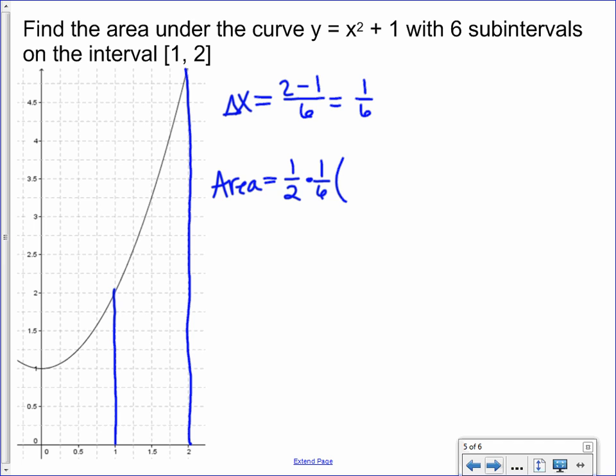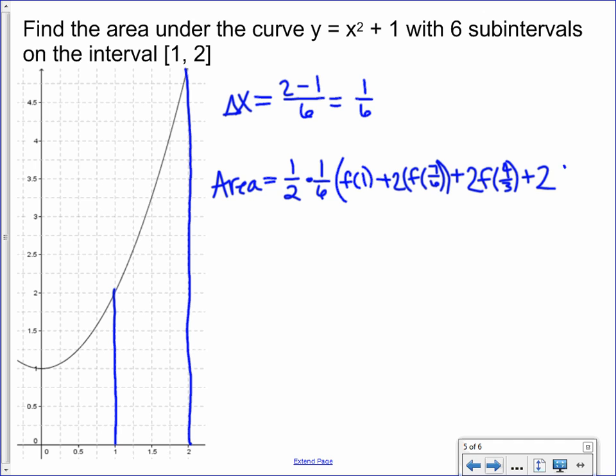I'm going to write everything in terms of f, and then we can evaluate everything. All right, our first base is f evaluated at 1. Our second base would be f of 1 and 1/6, right? Our next base would be 8/6, which would be 4/3, right?